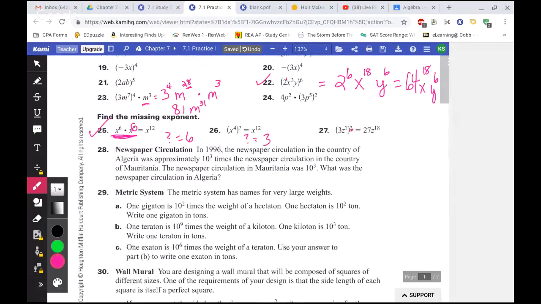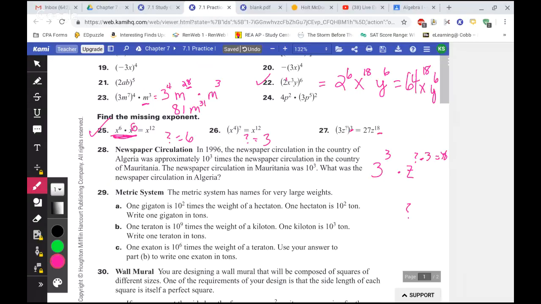And then on number 27, you know that that 3 is distributed to everything inside the parentheses. So we have 3 to the 3rd times z. So question mark times 3 should equal 18.